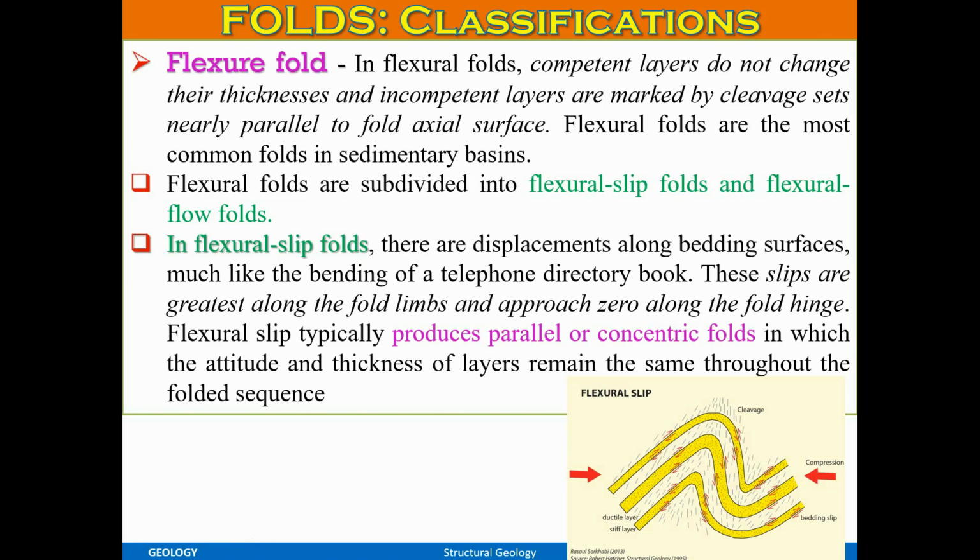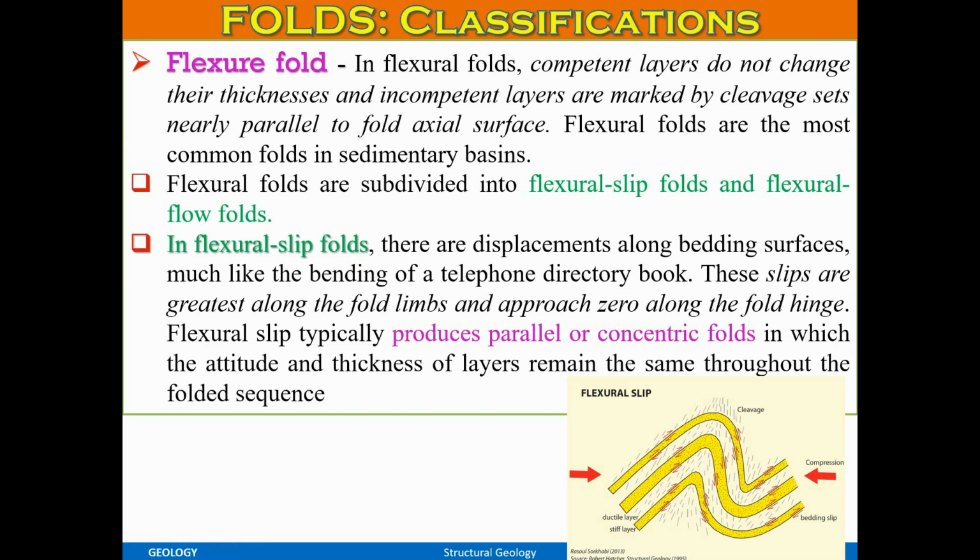What will happen in the incompetent strata? It will create a set of cleavages. Cleavages are the weak planes. I will discuss it in detail later when I discuss joints.